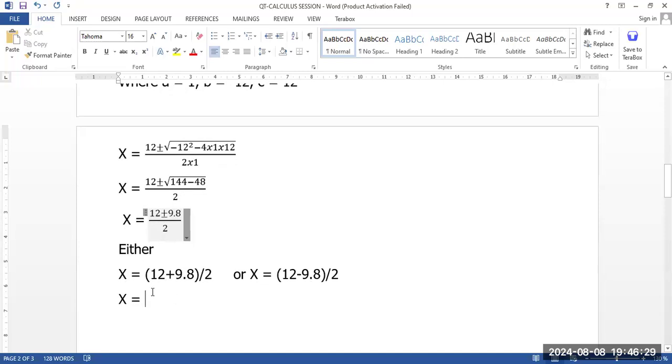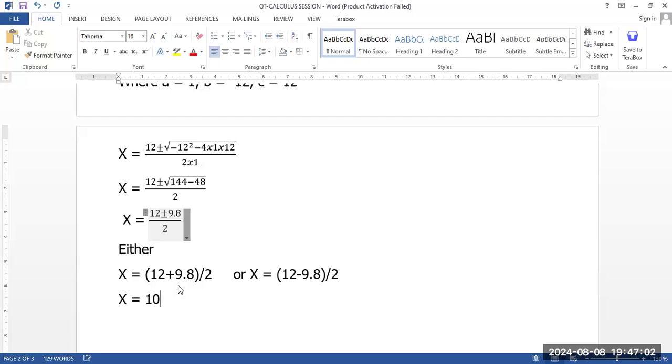Then here, what do you get? If you get 12 plus 9.8, then everything you get divided by 2. What do you get? 12 plus 9.8, then divided by 2.